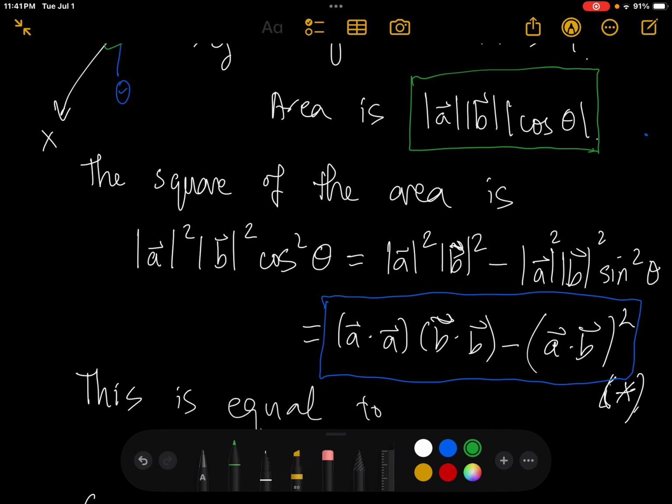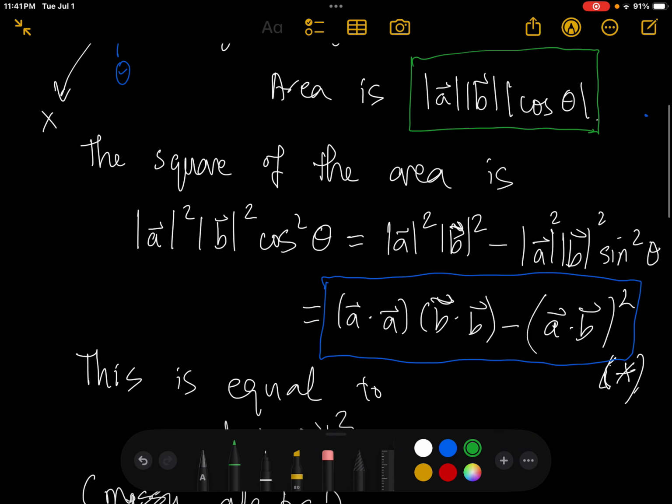And to see how we can do that, let's square this quantity, the area of the parallelogram. If you square it, you just get the magnitude of A squared times the magnitude of B squared times cosine squared of theta. And let's just recall that cosine squared of theta is equal to 1 minus sine squared of theta.